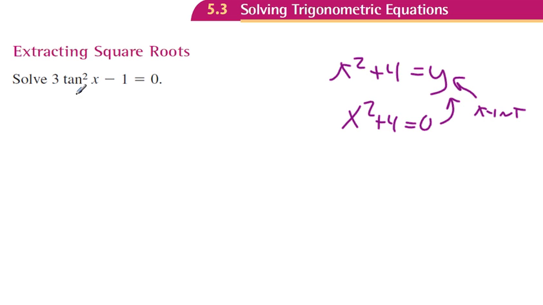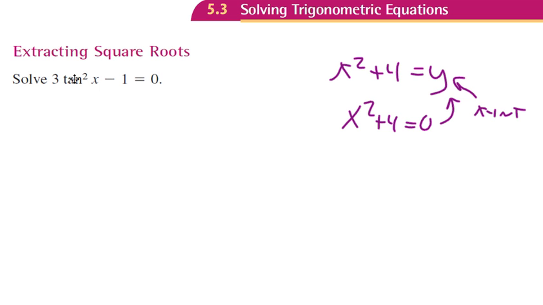We're just finding when 3 tangent squared of x minus 1 equals 0. And when the graph equals 0, that's implying where the graph crosses the x-axis. So I just want to make sure that we're not losing what we are doing and why we are doing it, other than just going through the motions of solving for it. It has a meaning behind it, okay?